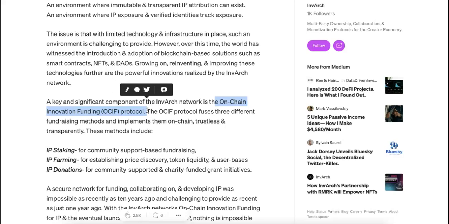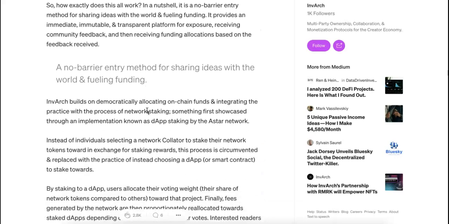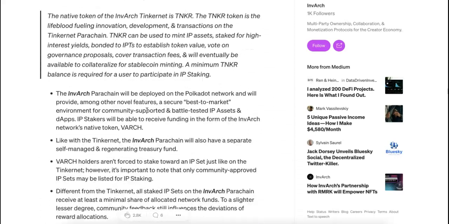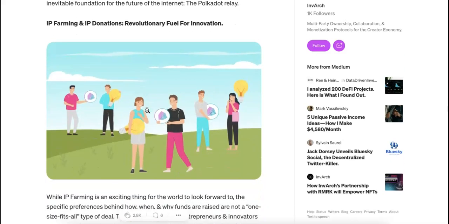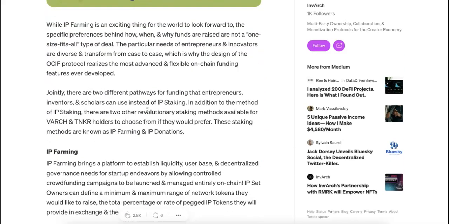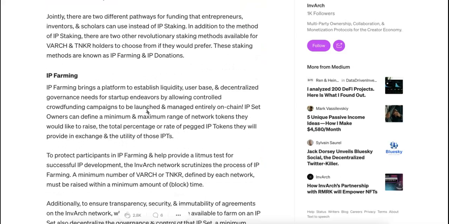The other one would be the IP farming. That's for establishing price discovery, token liquidity, and user base. So with IP staking and IP farming, you can actually use your IP staking rewards to contribute to the IP farming as well. For example, as an IP owner, you can define a range of network tokens you would like to raise. Here, for example, you want to raise DOT.